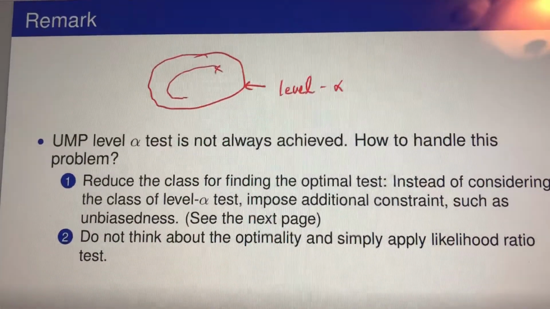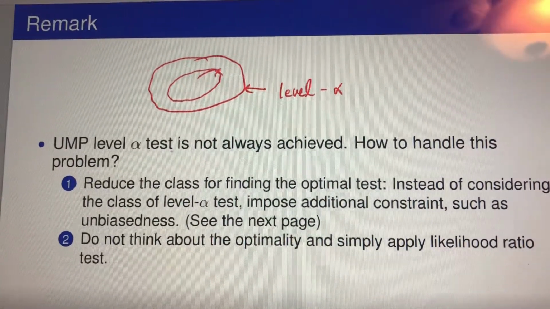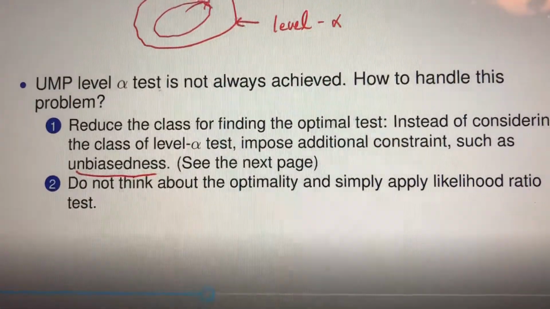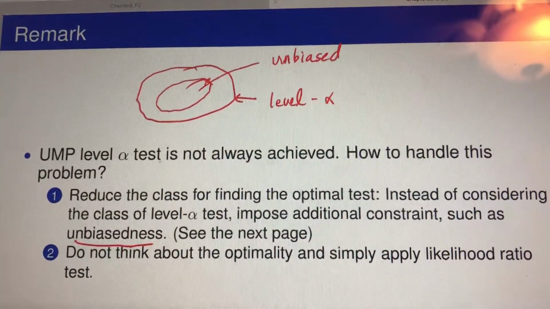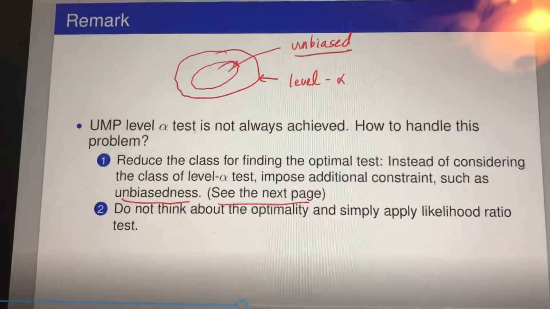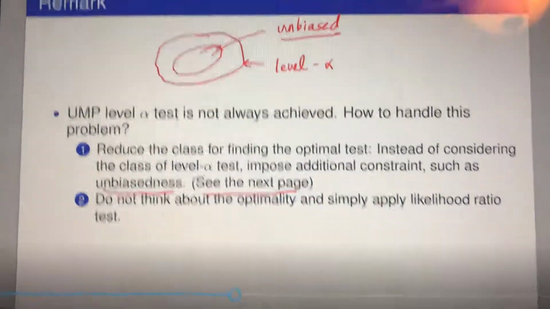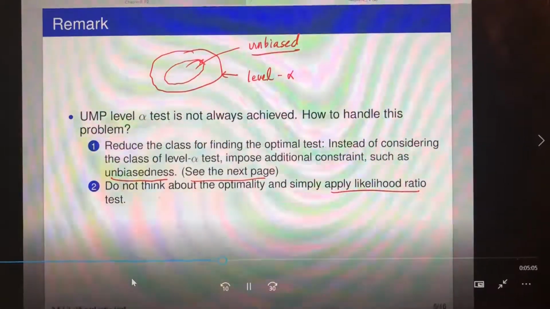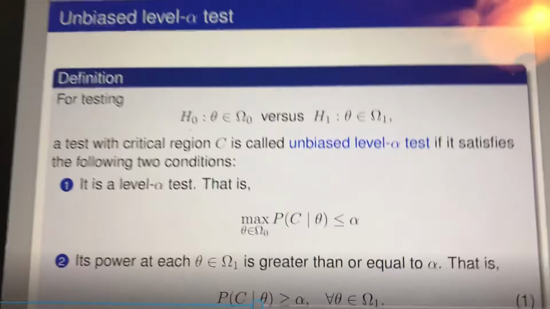So why don't we reduce the class to a more reasonable one? One such reasonable assumption is level alpha plus unbiasedness. What is unbiasedness? We'll see on the next page. Another solution is, since finding optimality is quite difficult, we just want to get some reasonable solution using the likelihood ratio test. So this is another option.